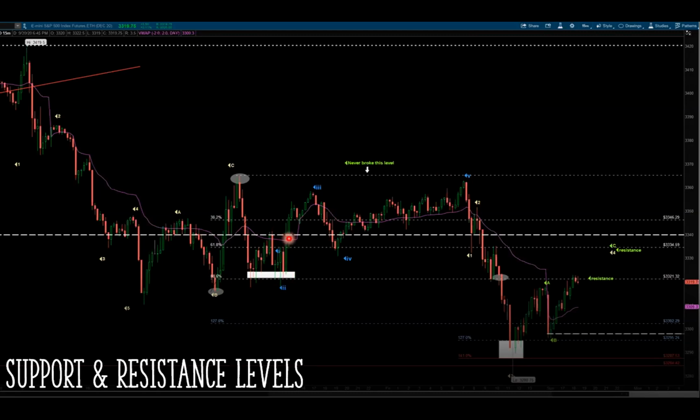This is another example of taking a long. Once you go above VWAP and we find support above VWAP, then you can enter with me and we can ride until we get a close below VWAP. This will be about close to 15 points if we're doing it right, to here.